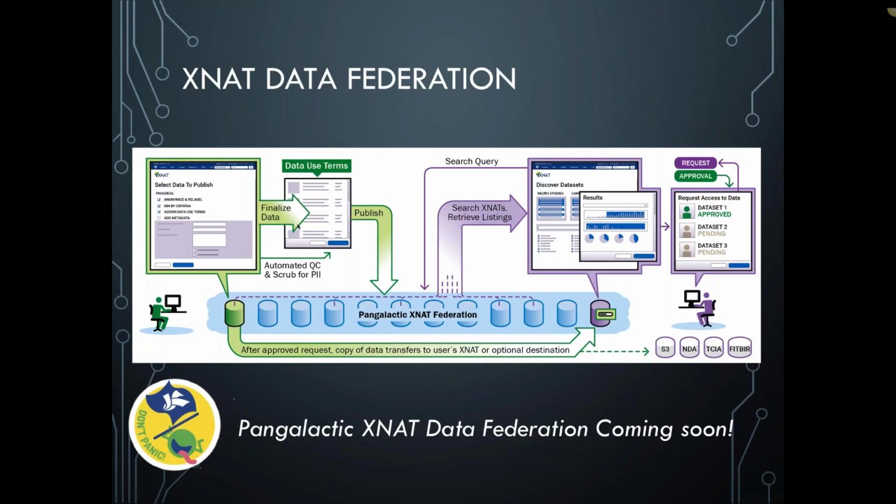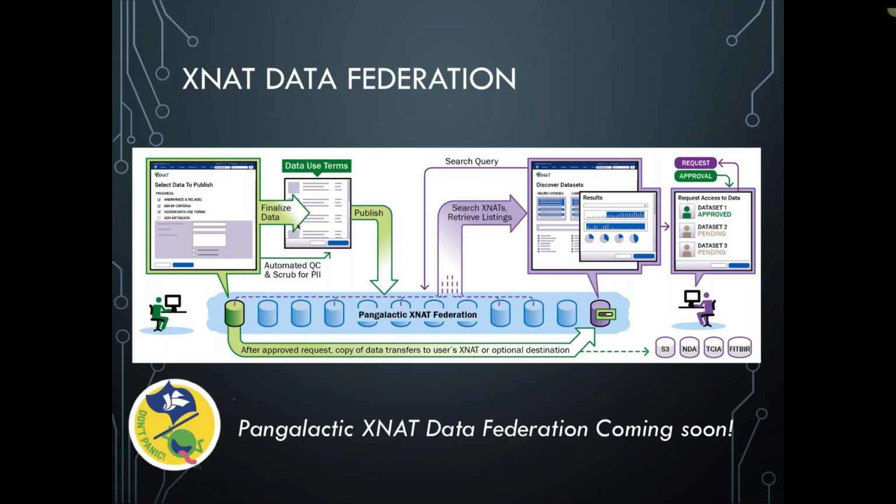So for example, they could look across this federation for neuroimaging studies of Parkinson's disease that include PET imaging and MRI, let's say. And then result sets would come back that would allow the user to see data sets of potential interest, to submit requests to the PIs of those data sets.